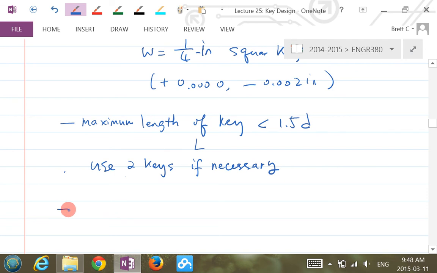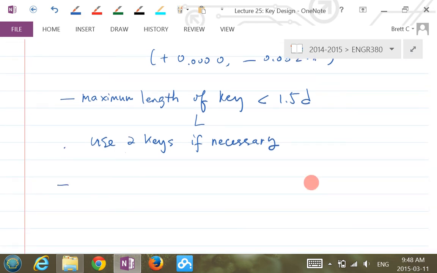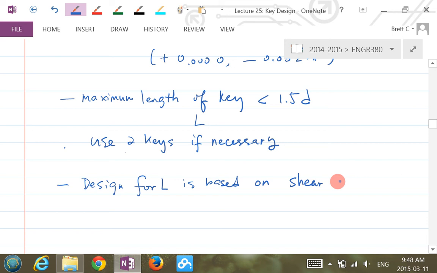And then the other thing is, we're going to design the key, the L. So what do we design the L against? Design for the L is based on two different kinds of stress, so we're going to look at the details here. One is so-called shear stress, and a bearing stress.